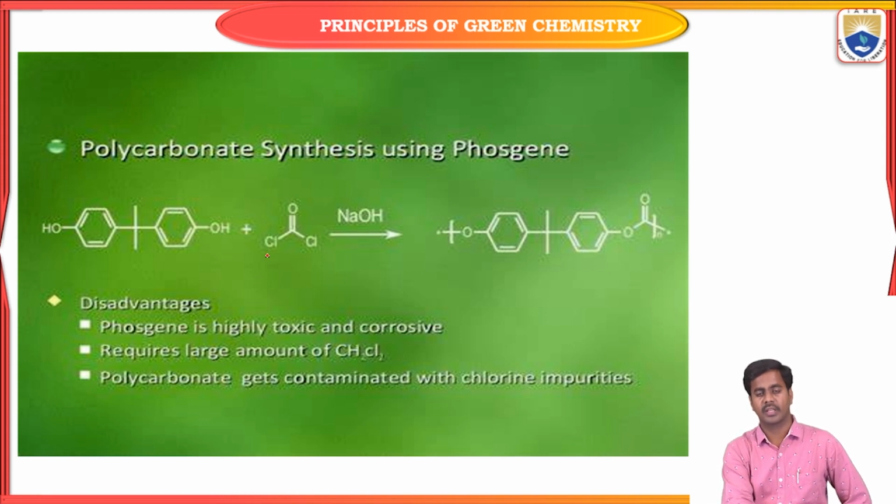This is the traditional method. The green synthesis method is different: the same polycarbonates can be produced by using other catalysts, other reaction conditions and other reactants along with phosgene. Then the formation of hazardous products automatically decreases.